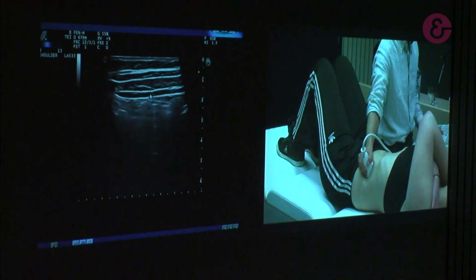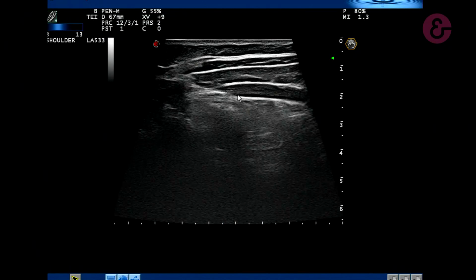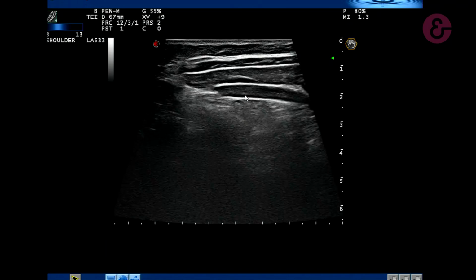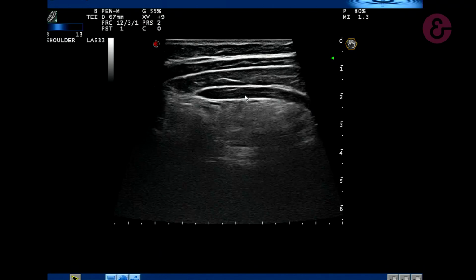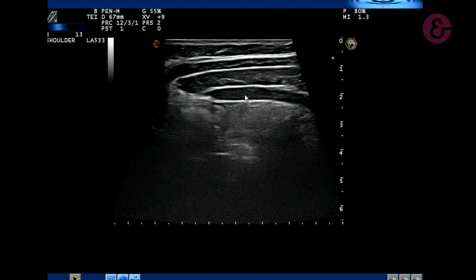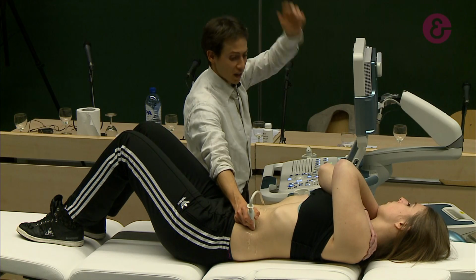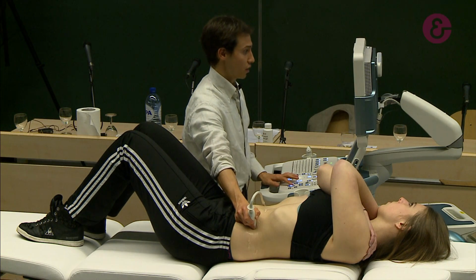So breathe in, breathe out, stop breathing, keep this contraction. Of course, during rehabilitation, you can use different types of perturbation. You can ask to move an arm. It's in accordance with your clinical examination.